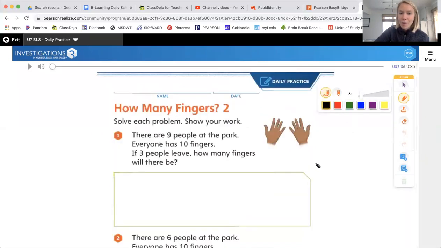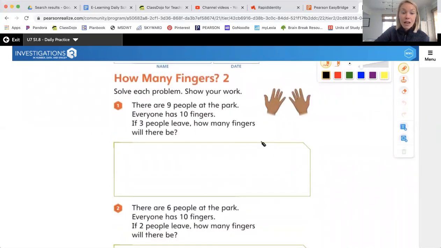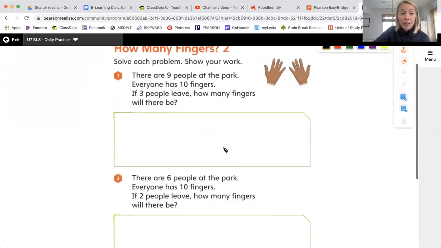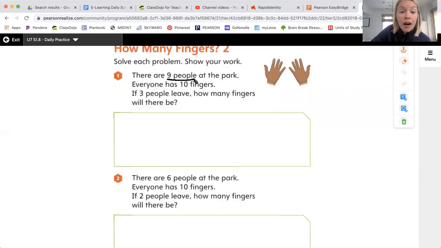All right, let me get my marker, my pen here. Okay, so there are 9 people at the park. Everyone has 10 fingers. If 3 people leave, how many fingers will there be? Okay, so let's, just like we always do, let's start with what we know. I know there are 9 people at the park, and all of those people have 10 fingers. So that means I have 9 people with 10 fingers.